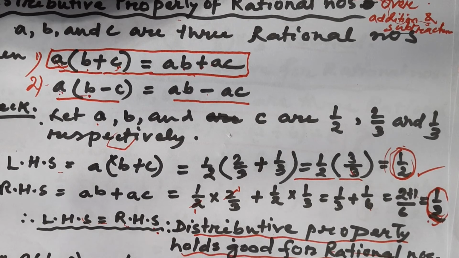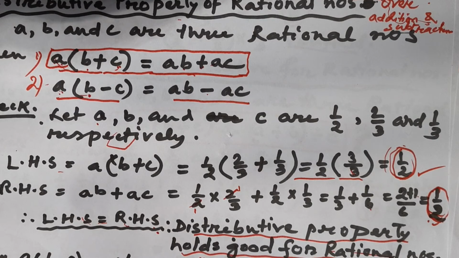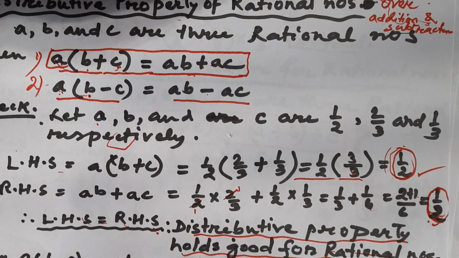Therefore, half into 1/3 equal to 1 by 6. Again right hand side equal to AB minus AC, that is A into B half into 2 by 3 minus A into C half into 1/3.